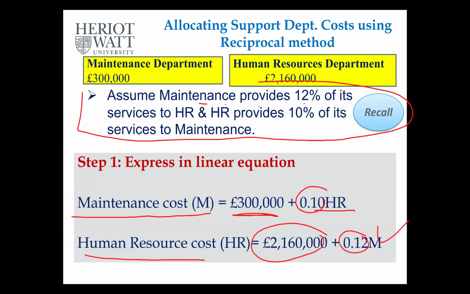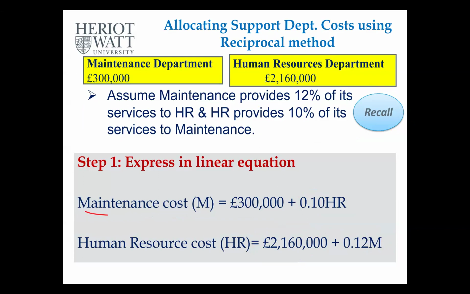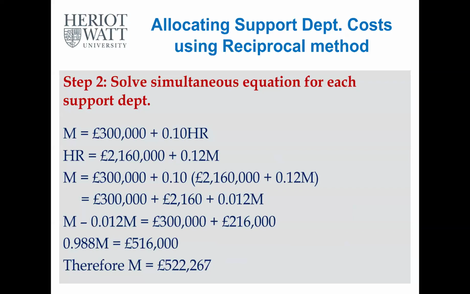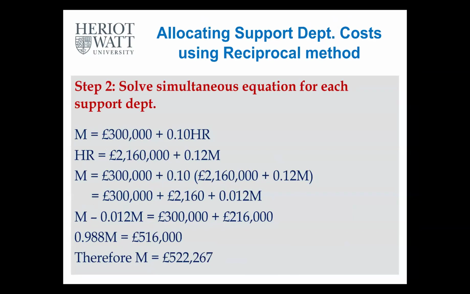Have you now understood how to form the equations? So it is the cost plus how much you receive from the other department in terms of percentage. Yeah. So you're looking at maintenance, then you're like, okay, maintenance receives something from HR. How much of it? 10% of it. Okay. Now, when you're finished setting up these equations, what's the next step? They have to be solved what? Simultaneously. Right?